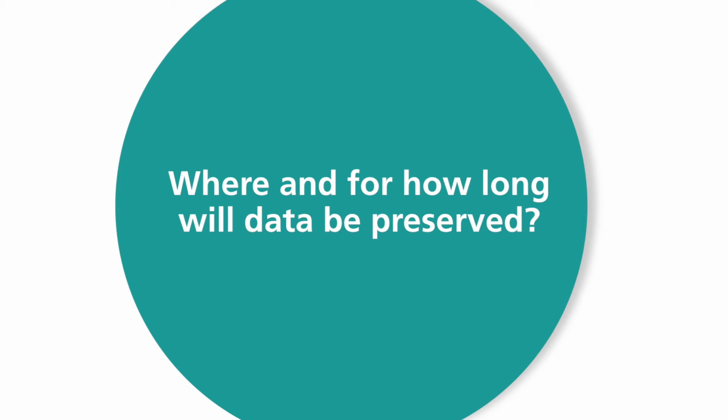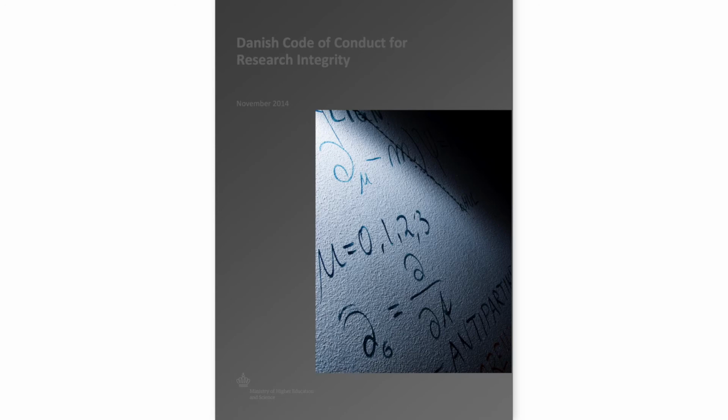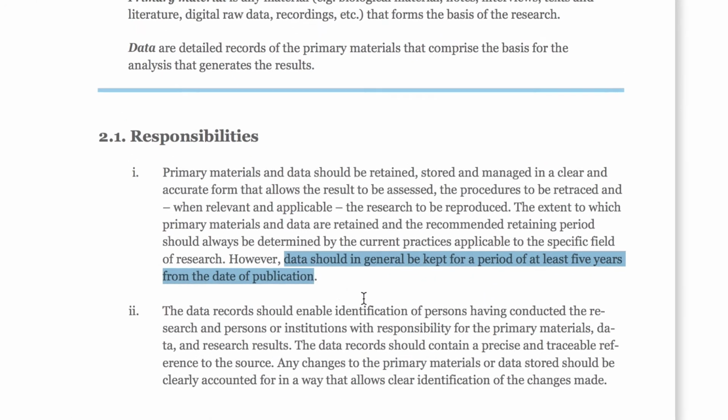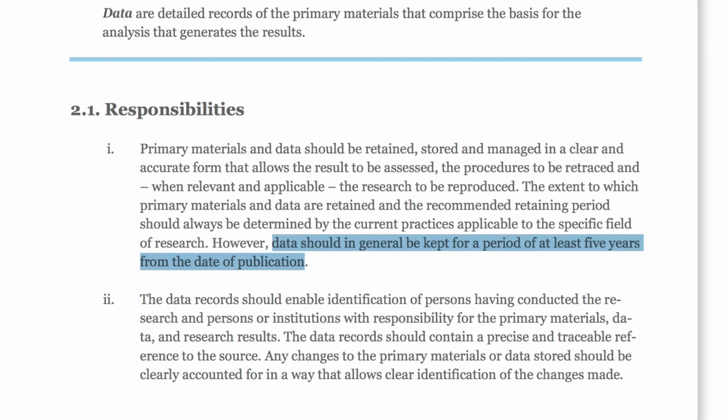Finally, you must consider for how long you will preserve your research data. If there are no other legal requirements regulating the preservation period for your data, you should follow the Danish Code of Conduct for Research Integrity's demand to preserve data underlying publications for a minimum of 5 years. You should consider doing the same for data that may never get published.